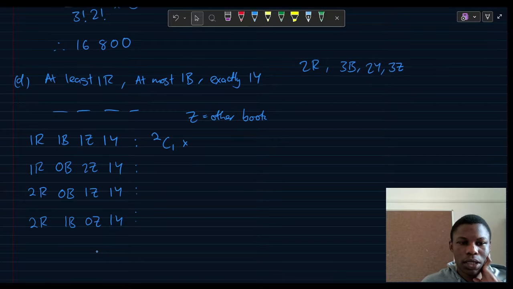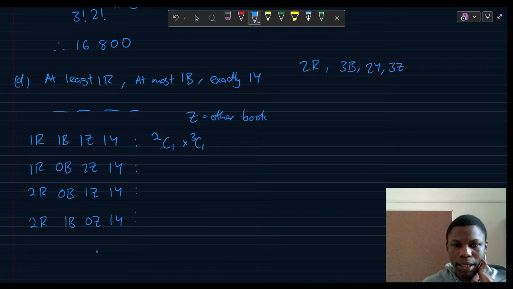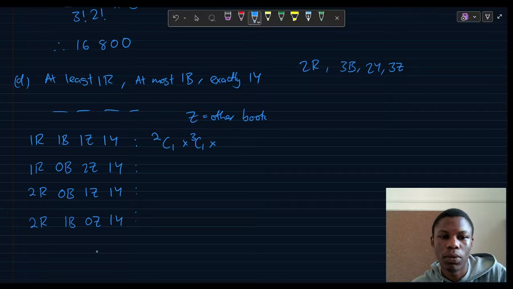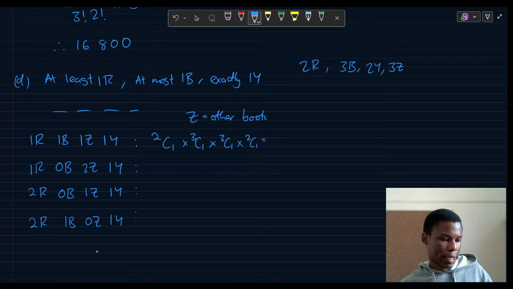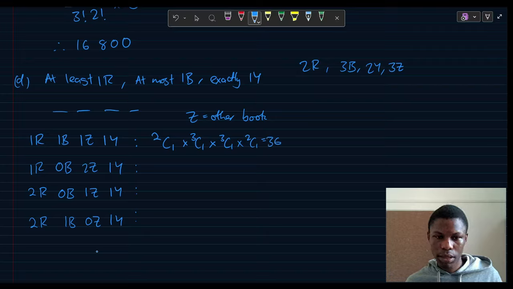So blue, we want 1 blue from 3, so 3 choose 1. And then we want 1 other book from 3, so again 3 choose 1. And then we want 1 yellow book from 2, so 2 choose 1. So that is 2 times 3 times 3 times 2, 36.